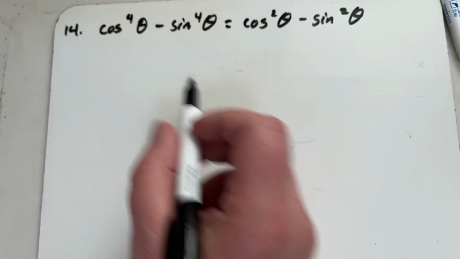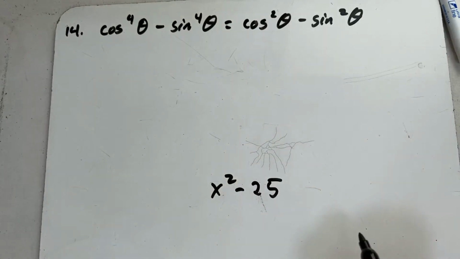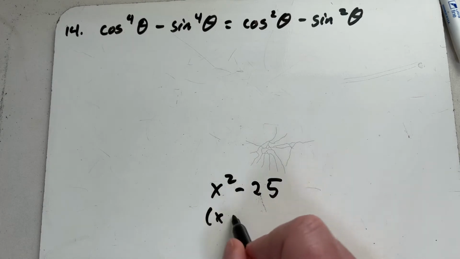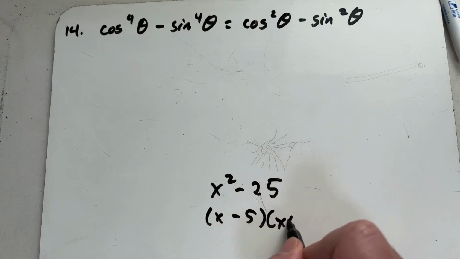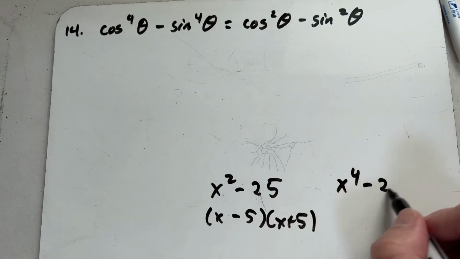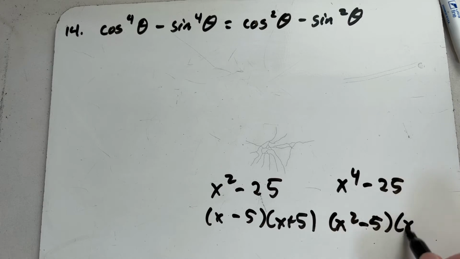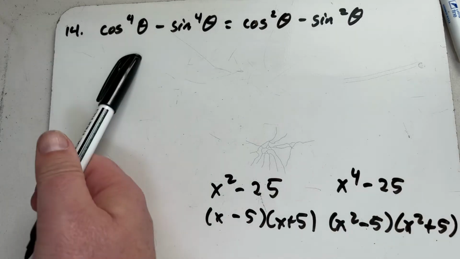This is the same thing, and I'll show you how. If I have x squared minus 25, I get x minus 5, x plus 5. What if I have x to the 4th minus 25? Okay, well that's x squared minus 5, x squared plus 5. That's what we're going to have right here.